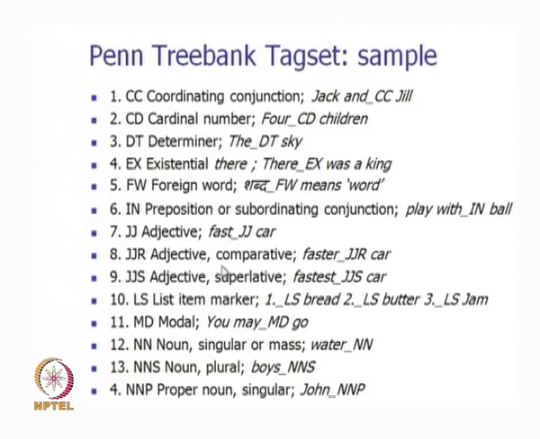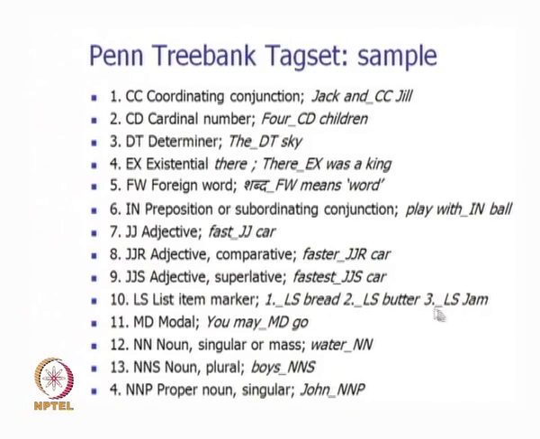JJR is adjective comparative. So, fast car was the previous example, now it is faster car, faster compared to another car, and this is faster_JJR. JJS is adjective superlative. So, fastest car, fastest_JJS. LS is list item marker.